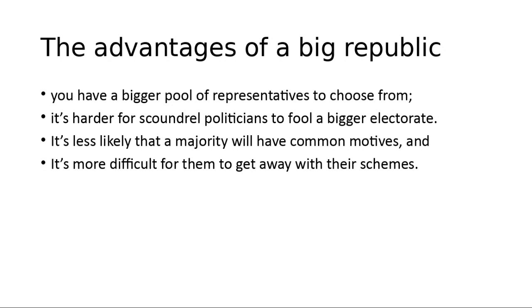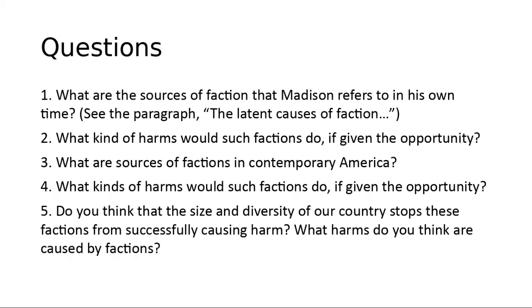Now that essay is foundational for the concept of how American government works. Here are some questions I want you to think about, especially as we get ready for this discussion. First of all, let's review. What are the sources of faction that Madison refers to in his own time? I want you to go back and look at all these in detail. That's the paragraph that starts "latent causes of faction." What's he talking about there?